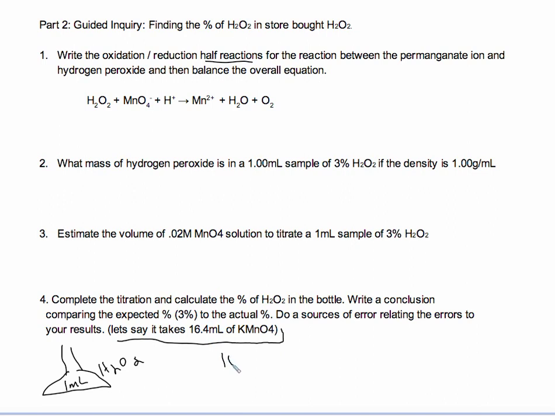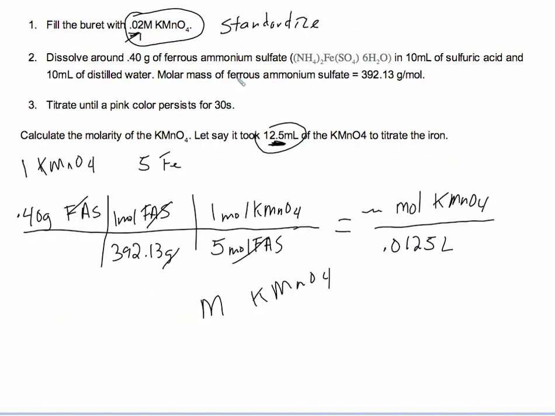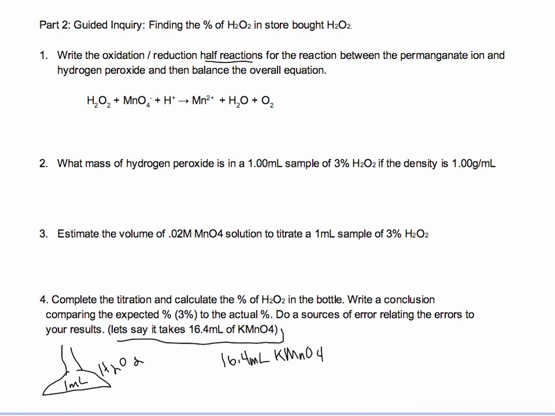All right. So now you know that it took 16.4 milliliters of the KMnO4, and if you do the calculations on the previous page, you should have a molarity of the KMnO4. Now, it was supposed to be 0.02, but I think it's a little bit off. So you got to use what your molarity is here.